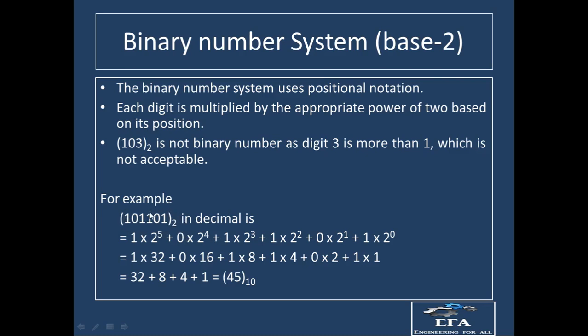In the decimal number system, we multiplied each of the digits by 10 power 0, 10 power 1, 10 power 2, and so on. Now here, in the binary number system, we have to multiply each of these digits by 2 power 0, 2 power 1, 2 power 2, and so on.